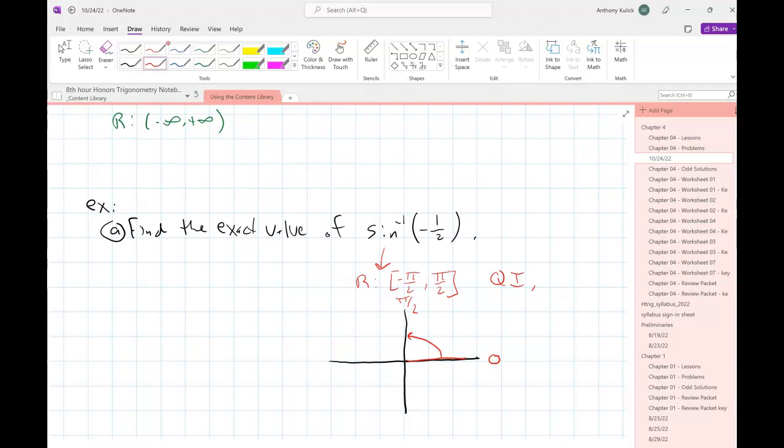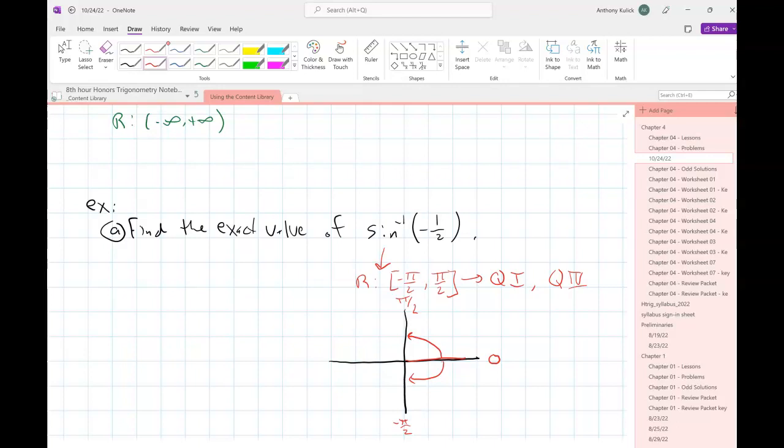And remember, to get negative angles, we rotate clockwise. And this spot down here would be negative pi over 2. So I'm looking for my answer as an angle in either quadrant 1 or quadrant 4. Everybody's okay with that?